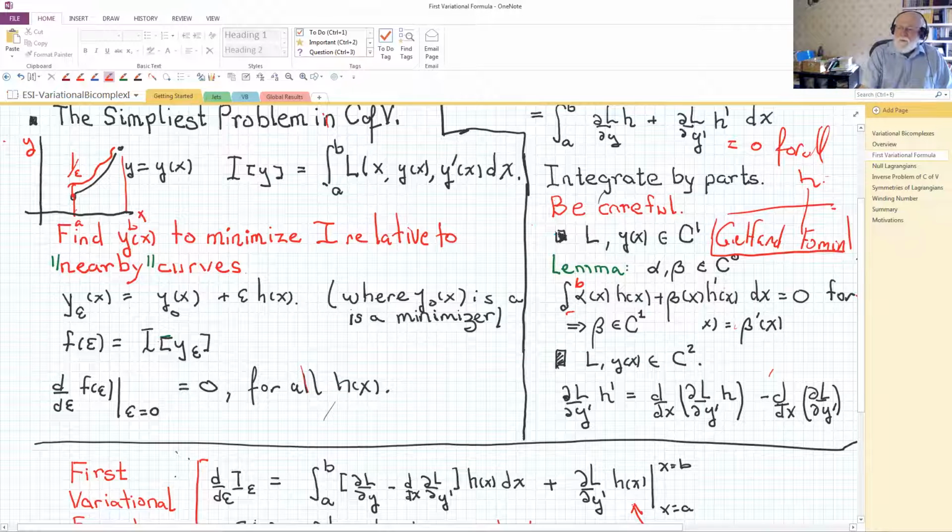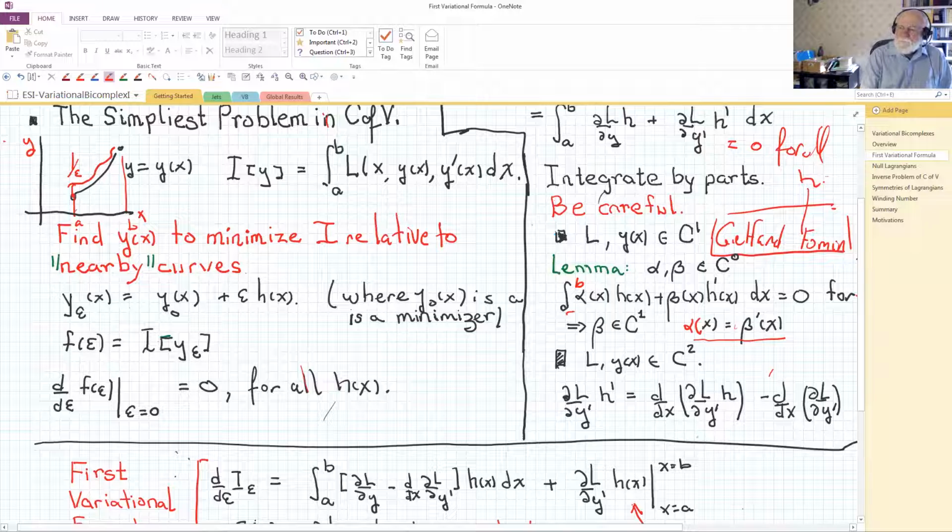If this is 0 for all h, then a miracle happens. This condition forces beta to be of class C1, and you get alpha of x has to equal beta prime of x. This is essentially the Euler-Lagrange equations, without making high demands on your differentiability.